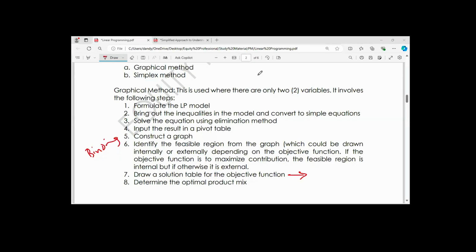It's fine. Let me show you what we did last time. Let me open the material.